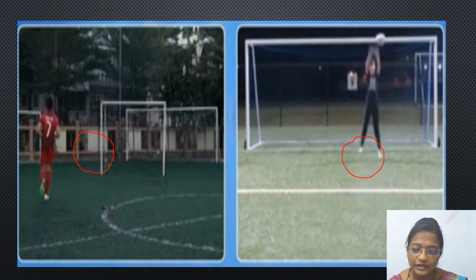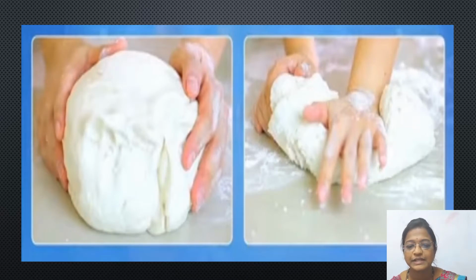Okay. So force is also said to be applied when an object is twisted, bent or squeezed. So when we squeeze any object or when we twist or bend any object, there also we are applying force. So you can all see here, a dove where the shape you can see in this image, and even this image also, where we can change the shape by applying force, isn't it?